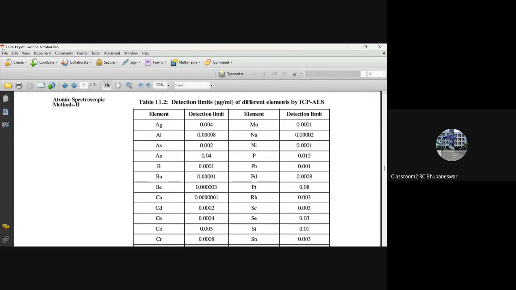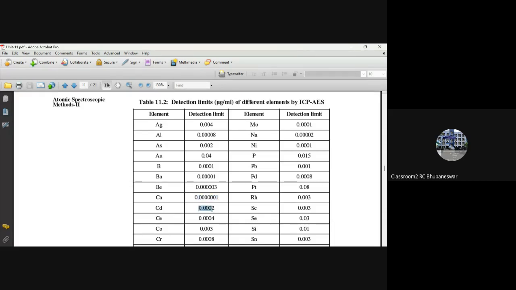Here is the list of many elements which you can detect through ICP-AES, and the detection limits are given. You can see calcium, even if present in so small an amount, 1 into 10 power minus 7, if I am not wrong, that also can be detected by ICP-AES.